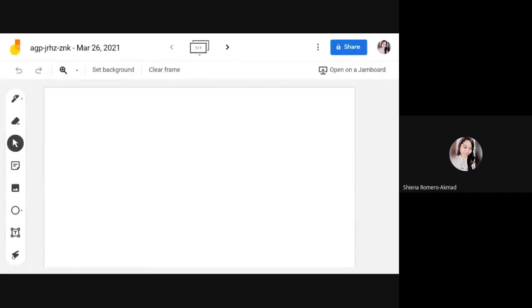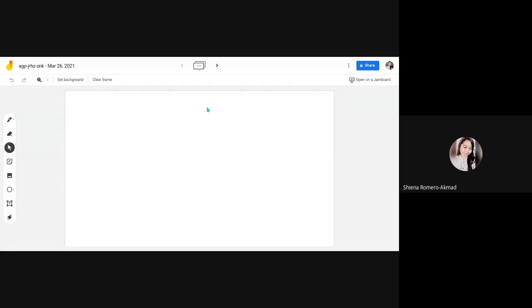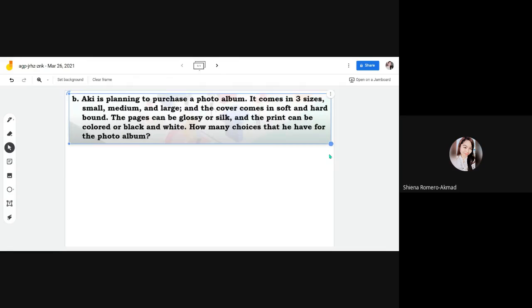So let me share my screen. Let's just copy-paste the problem. And let us identify if this is really permutation. So, we said earlier, we are choosing, right? We are choosing from our choices. So, we have sizes. My handwriting is bad. Just this. I just want a little.